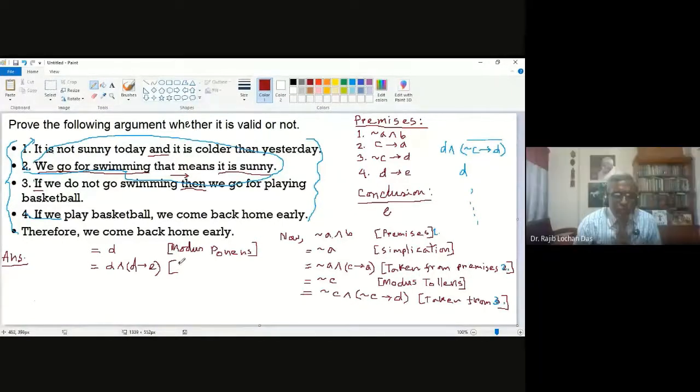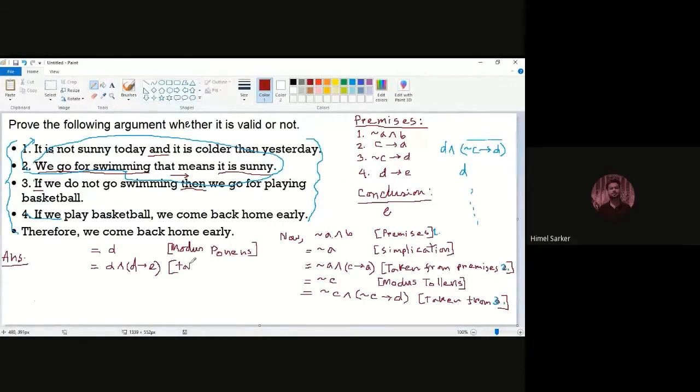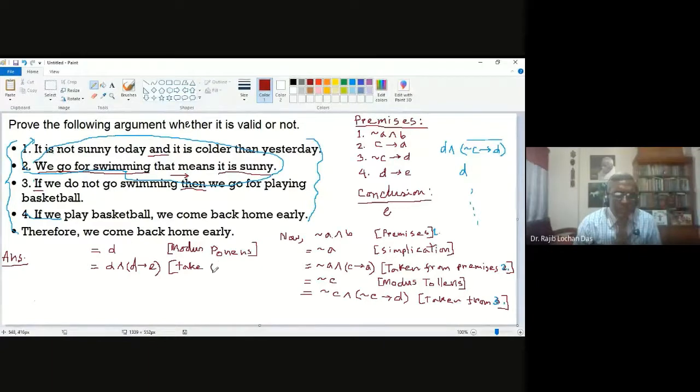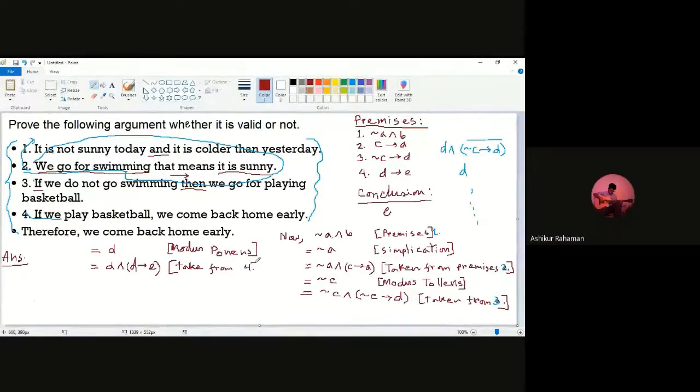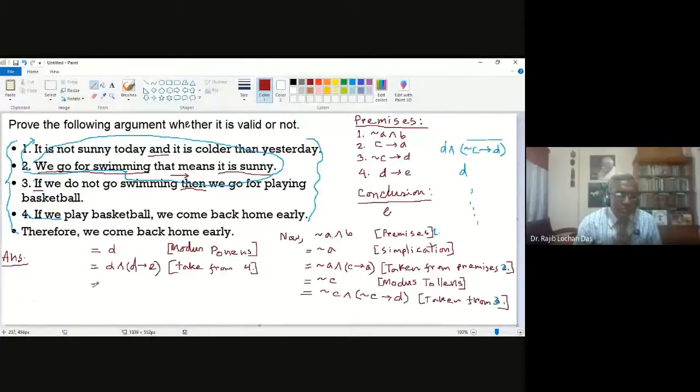So in this line you can write, taken from number 4, and after this you give the decision. The E, sir. E, and it is modus ponens again.